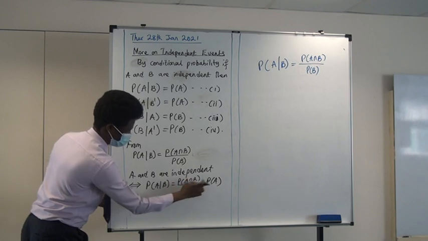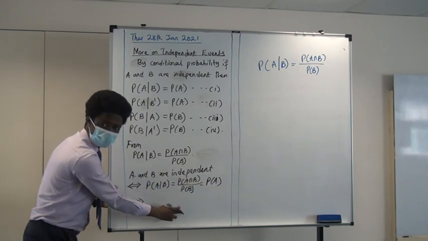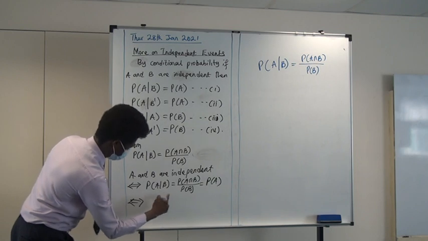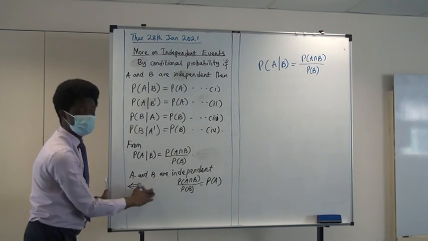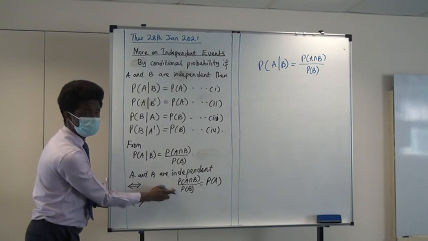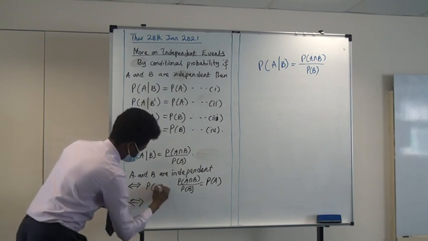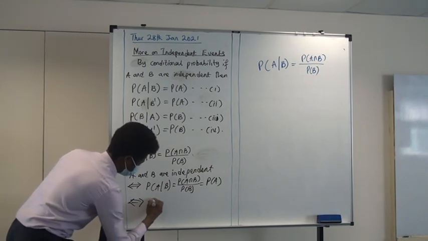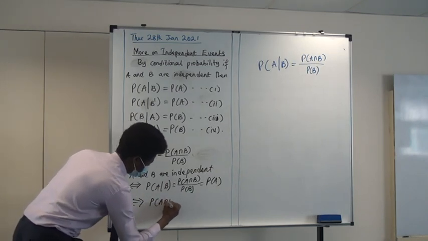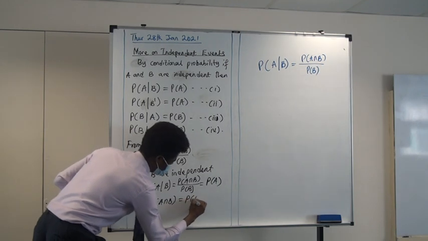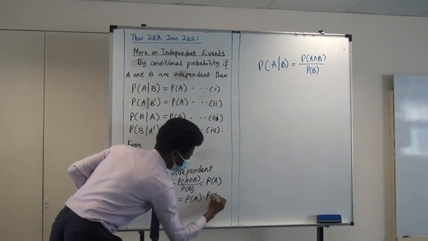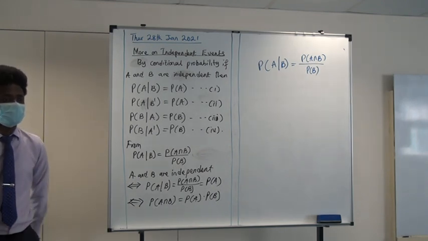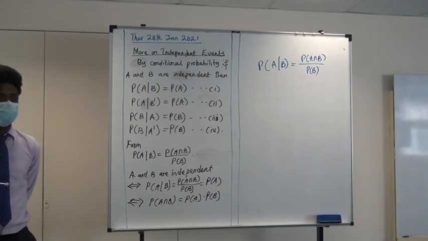So normally I write this in one step, then introduce it in another step. Am I making sense? I'm sure you understand this is the conditional probability. So this will happen if and only if my probability of A intersection B is the product of probability of A times probability of B. So we could say that this is how we derive the formal proof of independence.